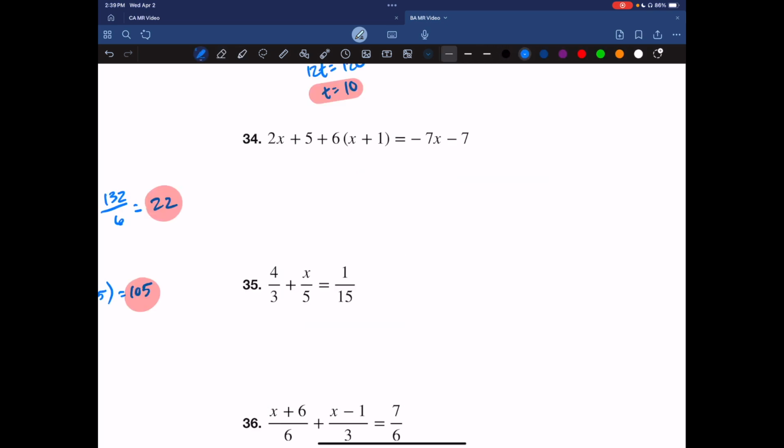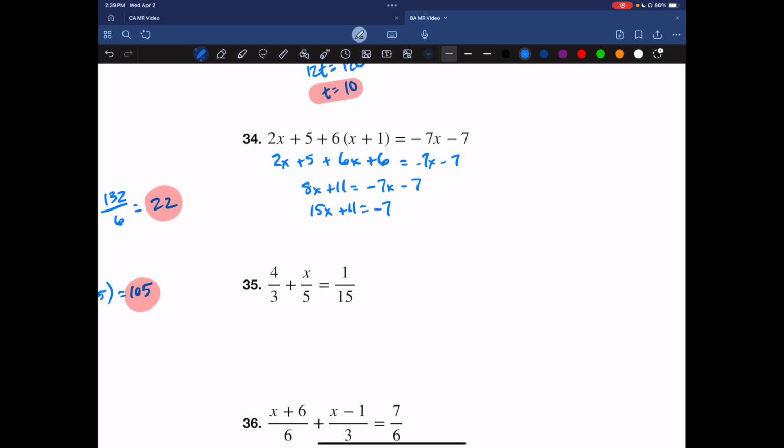Okay, number 34. We're going to multiply everything out and then clean it up. So that's going to be 6x plus 6. Don't forget to distribute to that back end. Sometimes you can move a little too fast and forget to multiply all the way through. So it's going to be 2 and 6 is going to be 8x. 5 and 6 is 11. Negative 7x minus 7. I'm going to add 7x to both sides. It's going to be 15x plus 11 equals negative 7.